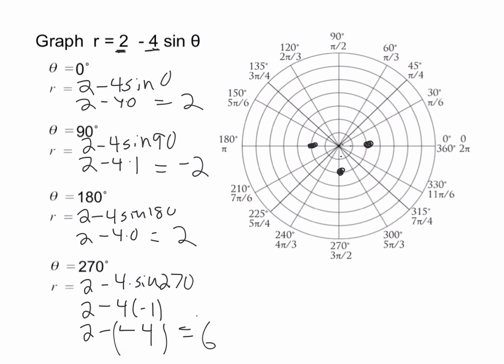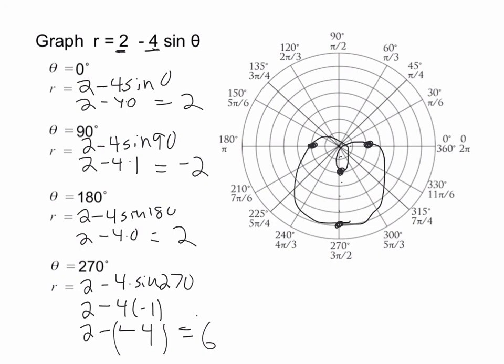So when I'm facing 270, I need to go forward 1, 2, 3, 4, 5, 6, and then we have our Limacon with a loop. So I draw my curve around, get my loop, and come back around.